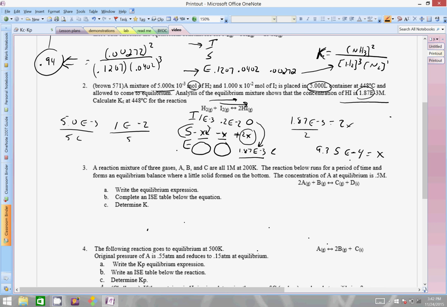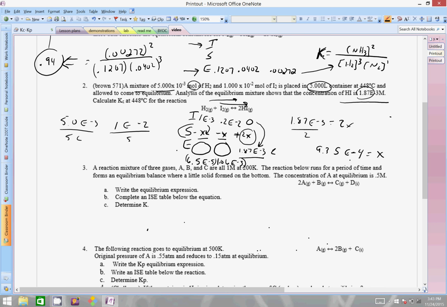So take your values, plug them in. 1 e to the negative third minus 9.35 e to the negative fourth is 6.5 e to the negative fifth, and then this guy is 0.2 e to the negative second minus 9.35 e to the negative fourth is 1.06 e to the negative third.